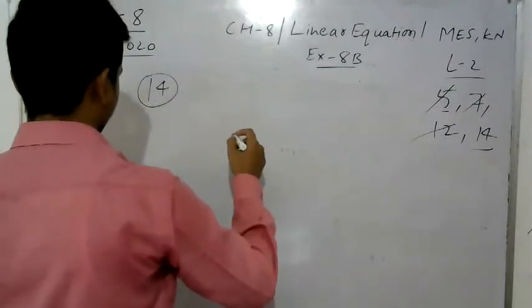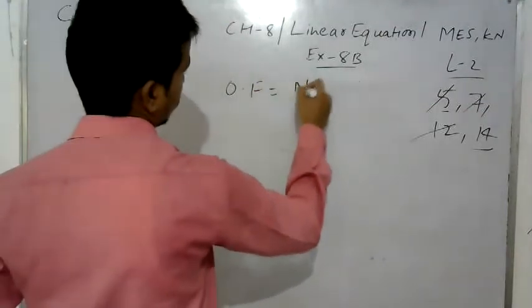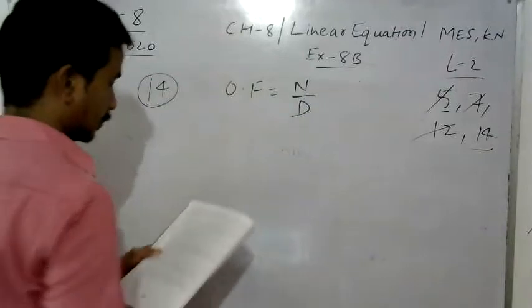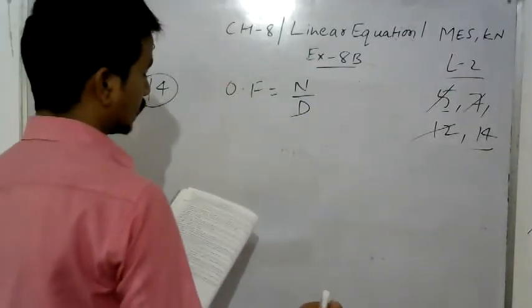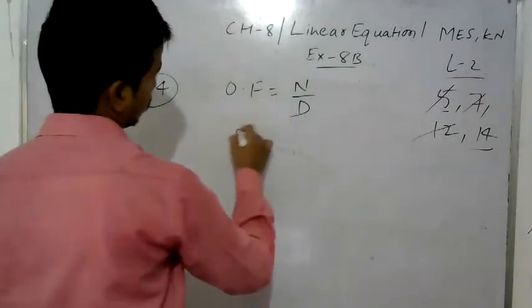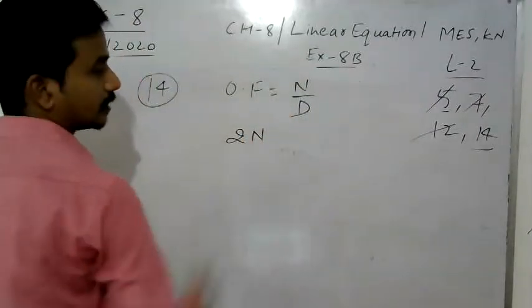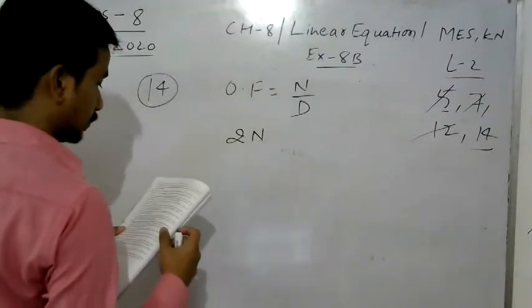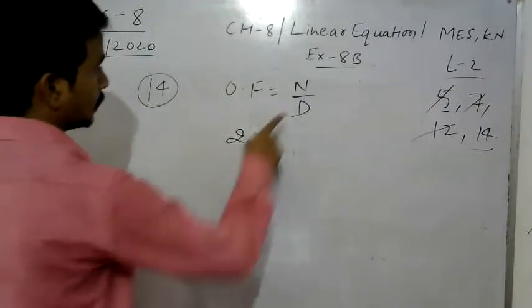So let the original fraction be n by d, numerator by denominator. Fraction will be in this form. Now the question is saying twice the numerator is 2 more than the denominator. If we double the numerator, it is more than the denominator by 2.